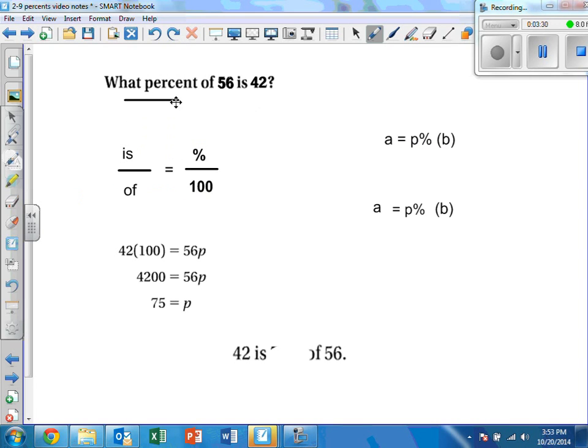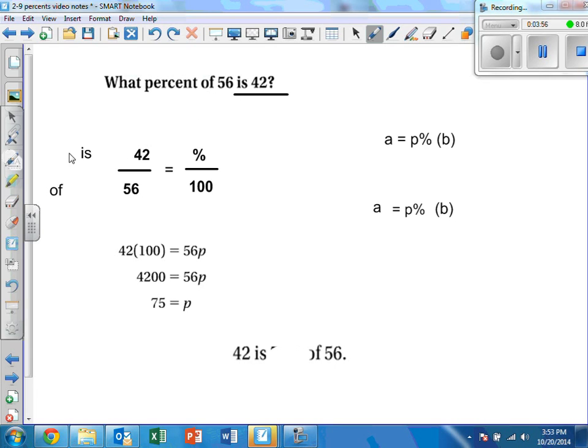Let's try an example. Suppose we have what percent of 56 is 42. Let's do it the proportion way first. Is over of, or another way to think of it is the part over the whole amount equals percent over 100. Of 56, 56 comes down here in the bottom, bumps the of out of the way, is 42.